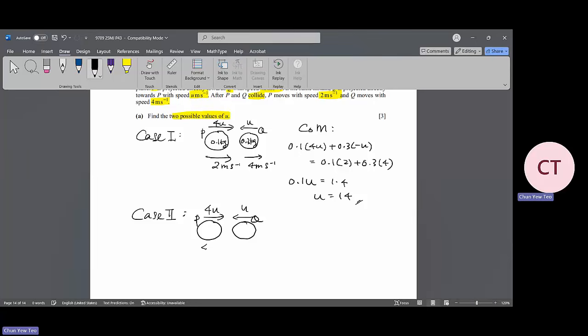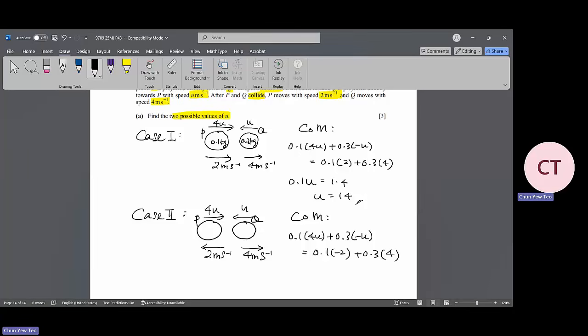But after the collision, the direction of P is reversed, and the direction of Q is reversed. Again, by conservation of momentum, you will have 0.1 times 4u plus 0.3 times negative u equals 0.1 times negative 2 plus 0.3 times 4 meters per second.